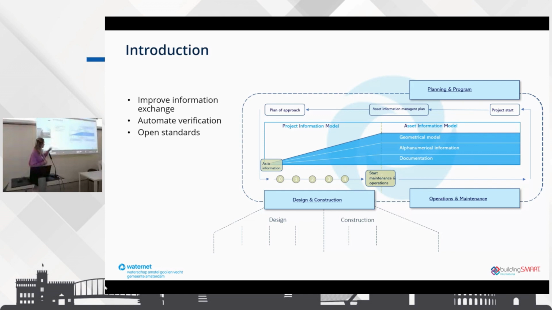We have different data blocks where we check and verify the information delivered, especially during the handover. It's important that we get the correct information and we can put that in our different facility management and GIS systems. And what we really want to try is to make it better, easier to implement, and more based on open standards, so that more contractors and other parties we work together with can easily adapt to our needs and to what we want.